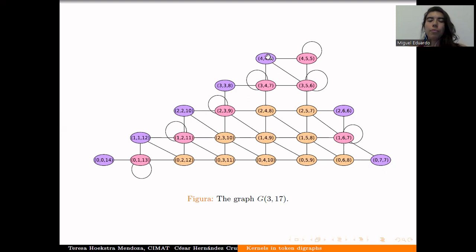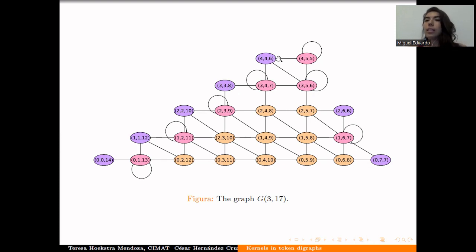So for example, these are the purple vertices: 4, 4, 3, 3, 2, 2, 1, 1, 0, 0, 6, 6, and 7, 7. Here we have 5, 5, but it has a loop because it also has 4, so it does not correspond to my independent set. And actually, it is adjacent to one of the other vertices of my set.